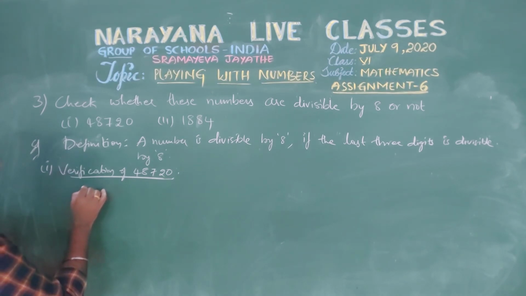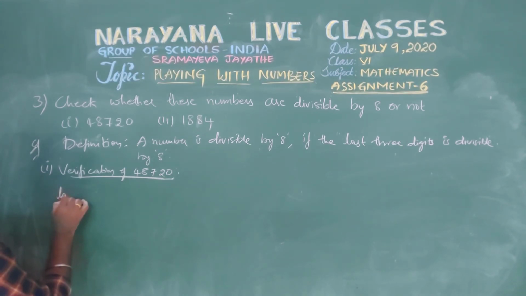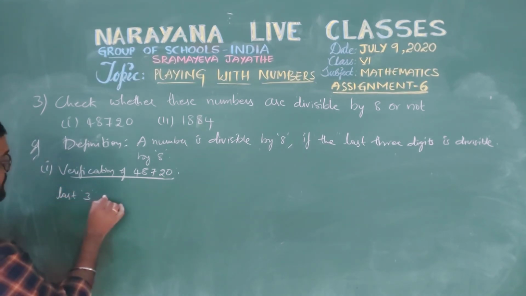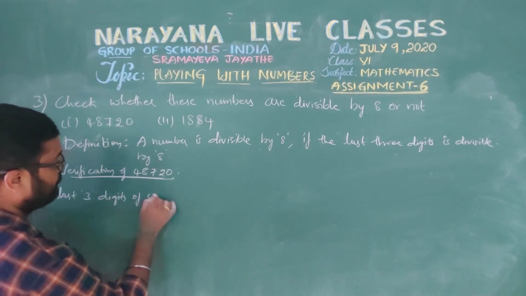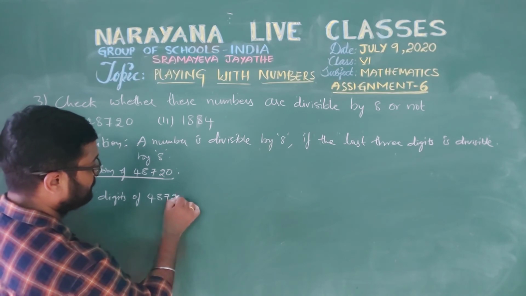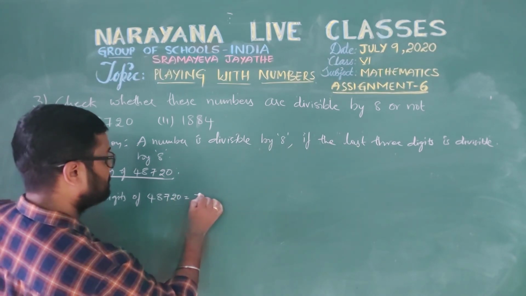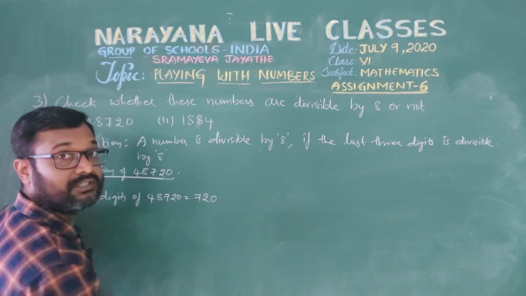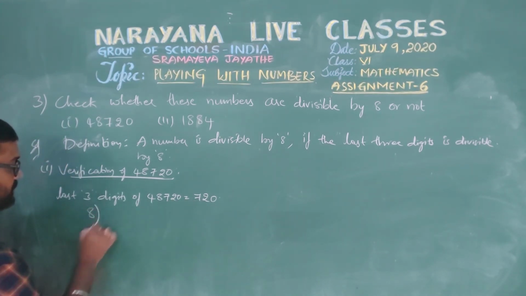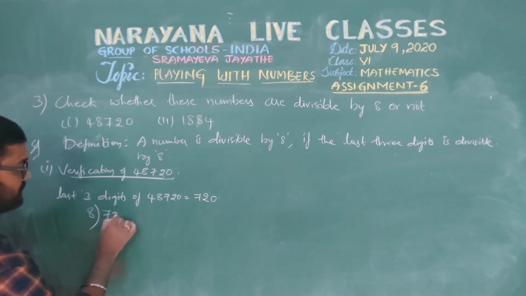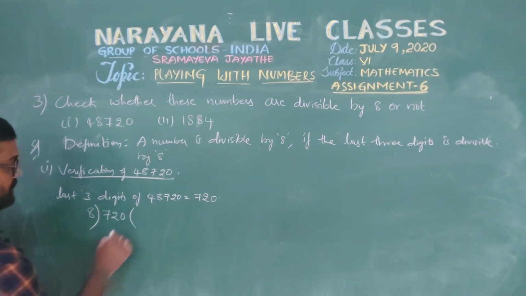See, if you take this number, the last three digits of 48720 are what? 720, isn't it? Now let's check whether 720 is divisible by 8 or not. 8 as the divisor, 720 as the dividend.